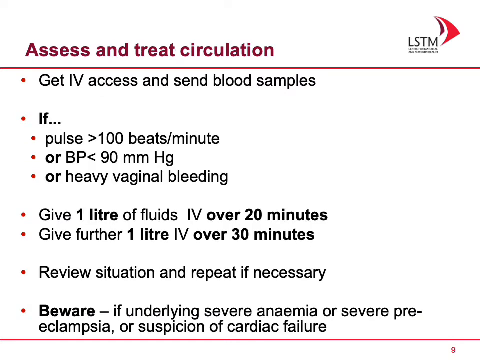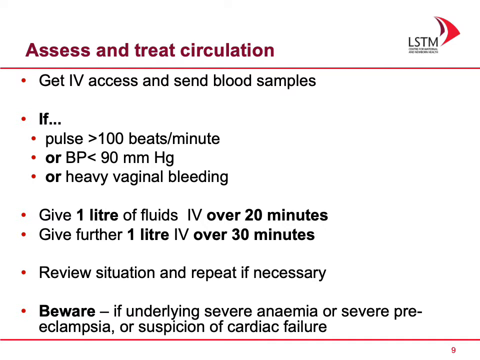So moving on to circulation, we need to assess and treat the circulation. To treat, we will need to get intravenous access and take any appropriate blood samples before commencing fluid resuscitation. If the pulse is rapid and the blood pressure is low, or there's heavy vaginal bleeding in particular, we need to give rapid intravenous fluids.